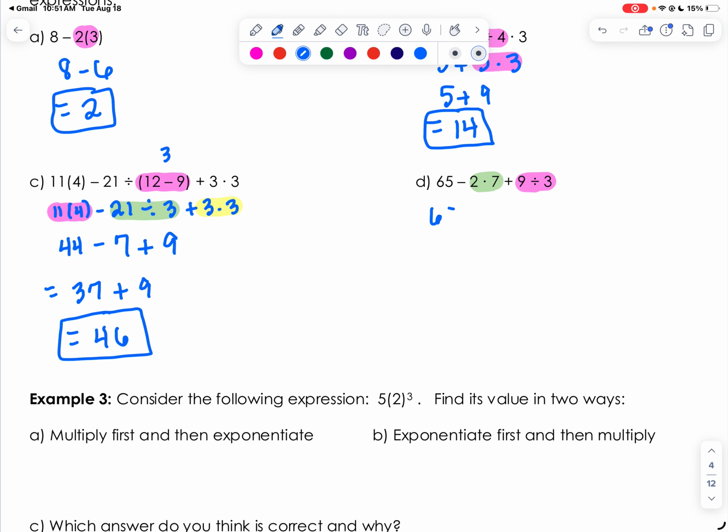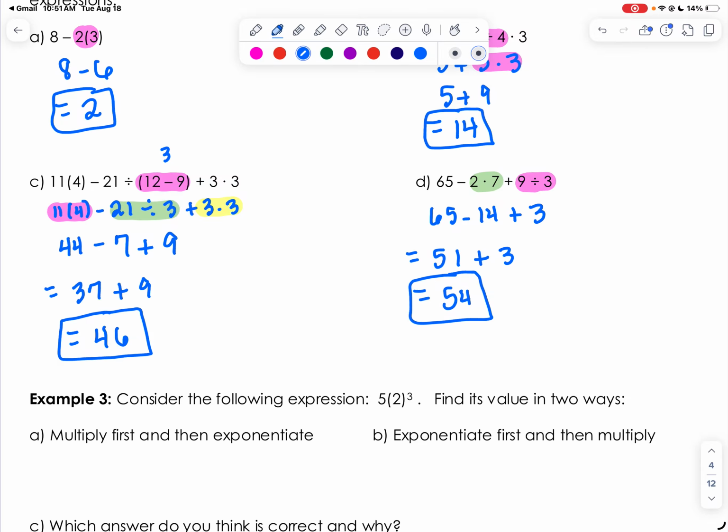So this would be 65 minus 14 plus 9 divided by 3 is 3. Now we'll do our subtraction and addition in order from left to right. So 65 minus 14 would be what? 51 plus 3, which gives me a final answer of 54.